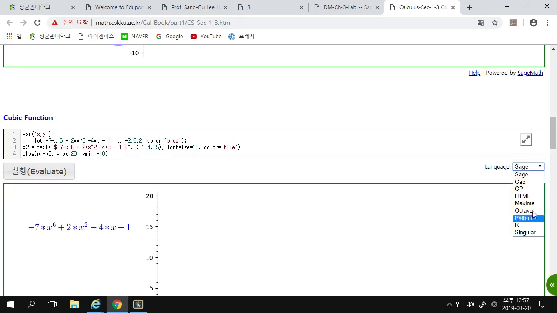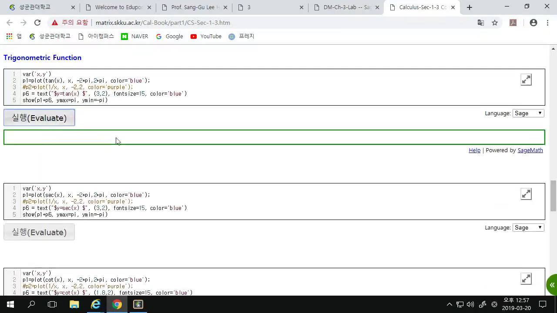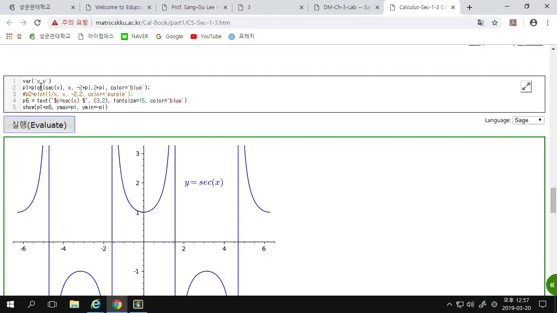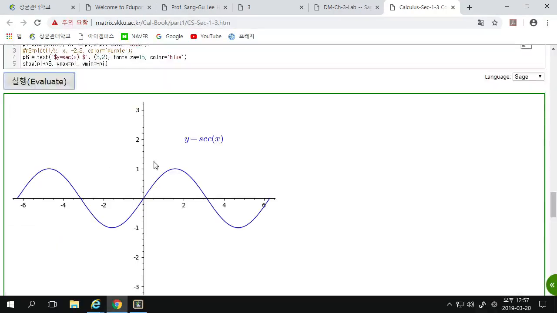And you can draw any graphs in this, and you can choose any language that you want to use. Power functions and trigonometric functions, you can draw the graph of them. You can draw the secant function from minus 2 pi to 2 pi. If you change it to sine or cosine, then you can draw the graph without any difficulties.